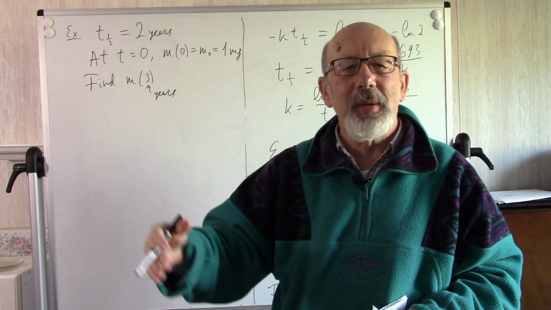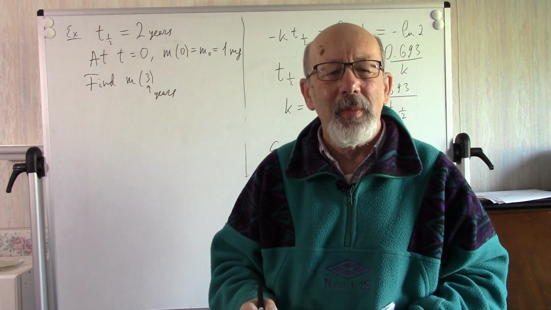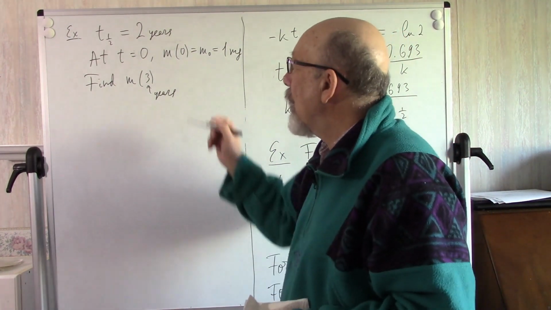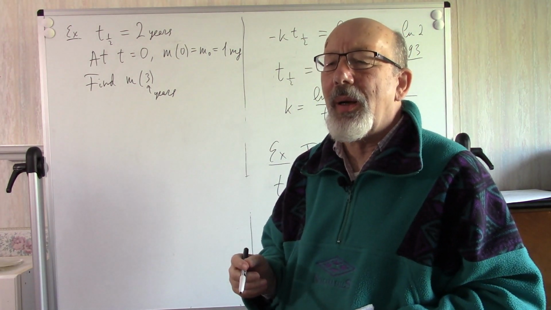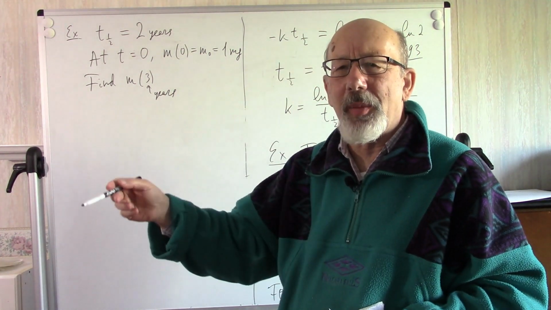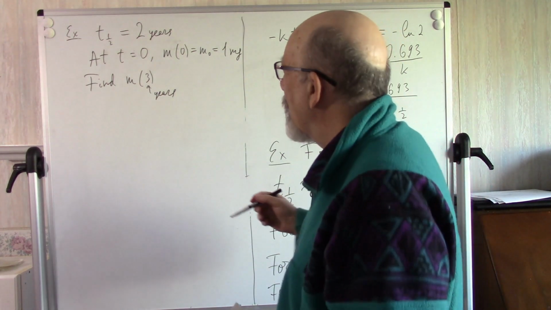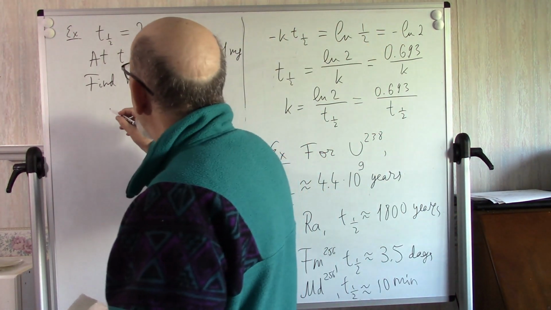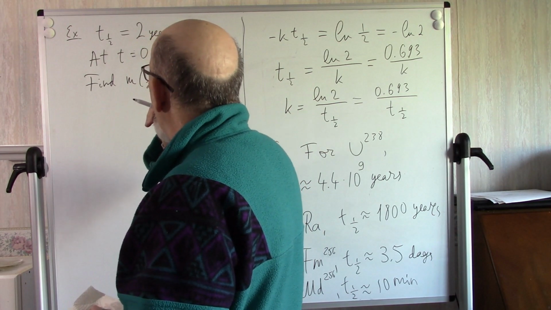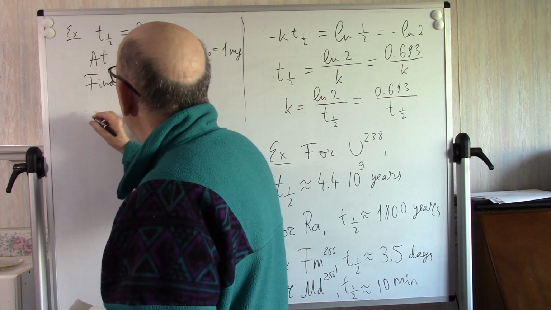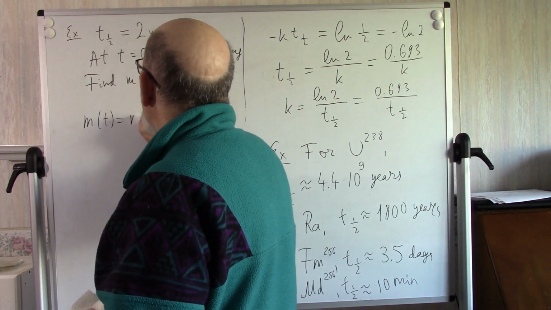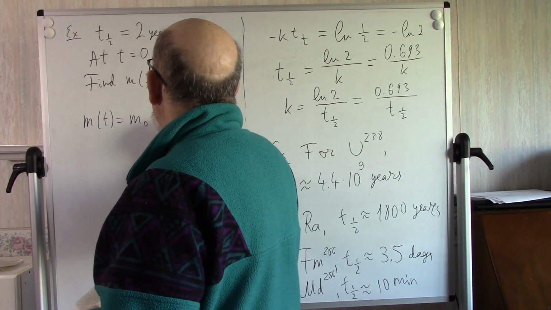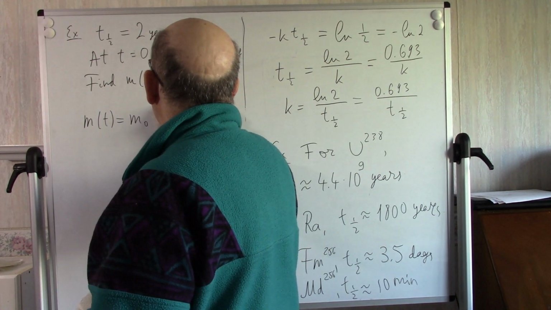So what will be the mass in 3 years? Mass is proportional to the number of atoms. So we can write down the formula: m of t equals m0 e to the power minus kt.